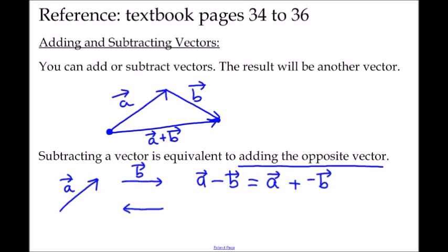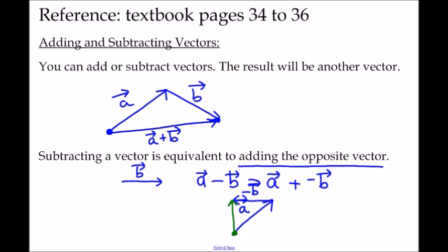Minus B is exactly the same, but in the opposite direction. So I'm going to take my vector A here, plus minus B. It's going to look like this. So what is my final solution? I start from the tail of the first one, and I go to the head of my second one.